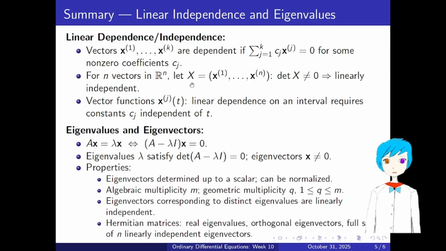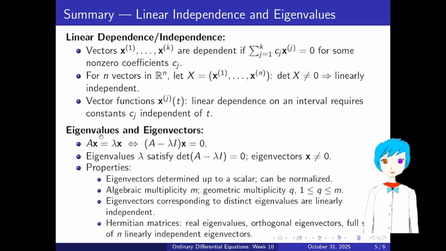For n vectors in Rn, if we let capital X be the matrix whose columns are x1 to xn respectively, then the determinant of X being non-zero is equivalent to linear independence of those n vectors. For vector functions, linear dependence on an interval requires constants Cj, not all 0, independent of t. That is to say, the summation of Cj times xj equals 0 for all t, and the Cj cannot all be 0.